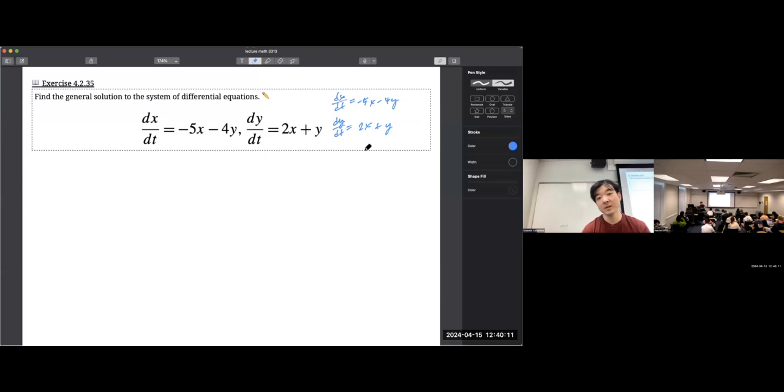We just need to extract the coefficient matrix. Coefficient matrix is going to equal 5, -4, 2, 1. We have our eigenvalue equation, which is this thing.